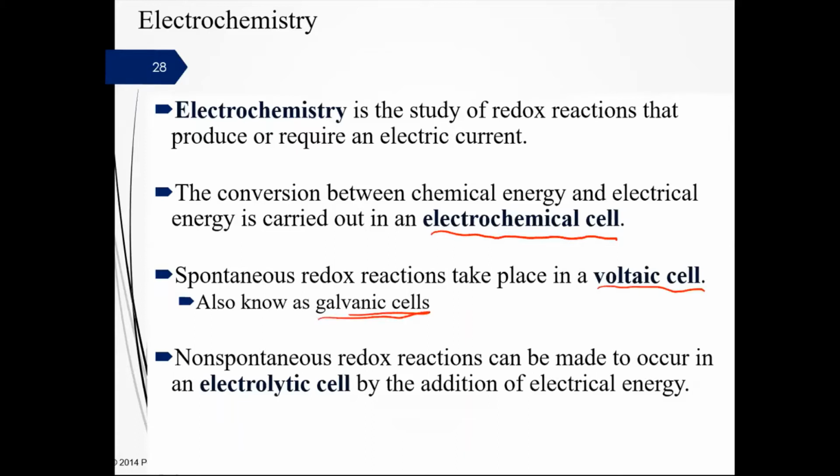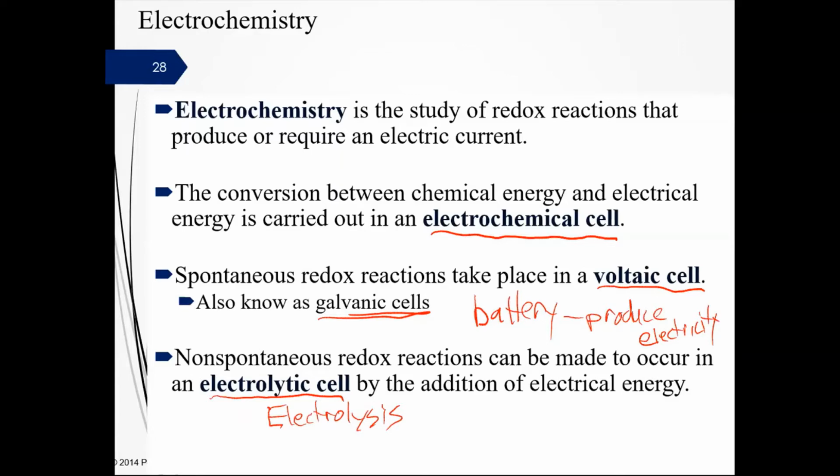Basically, a spontaneous one is kind of like a battery in that it's going to produce energy or electricity. Non-spontaneous ones are what we call an electrolytic cell, or electrolysis. And we're going to be putting electricity into those systems to make them go forward.